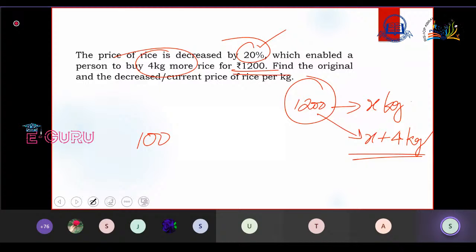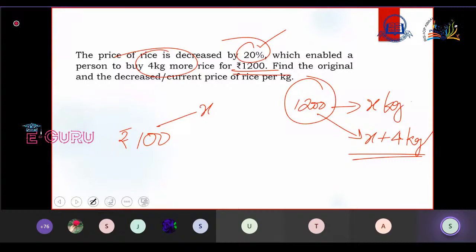There is no formula, nothing. We take 100 and based on 100 we will reach the final answer. So here again we will take 100 as the initial value. That means initially for 100 rupees, he was able to purchase a certain quantity, right?